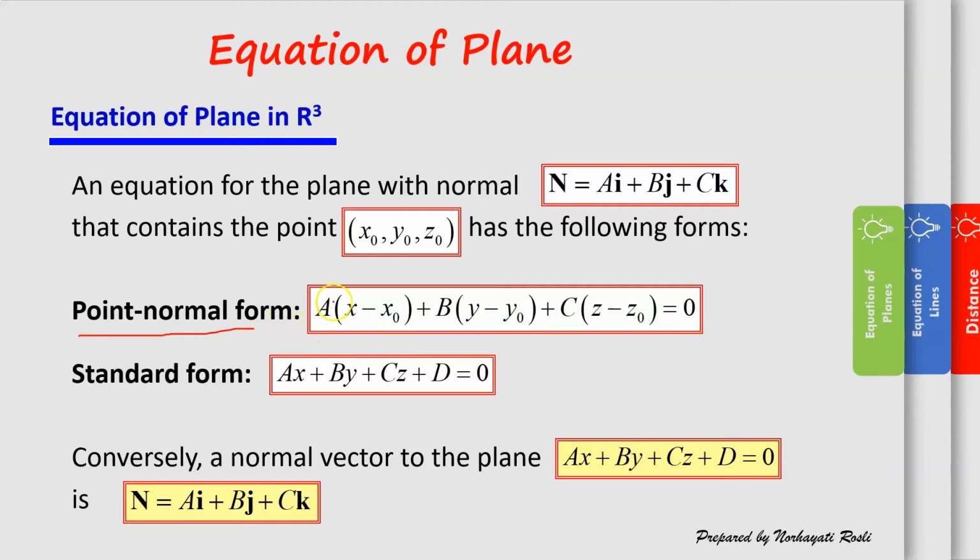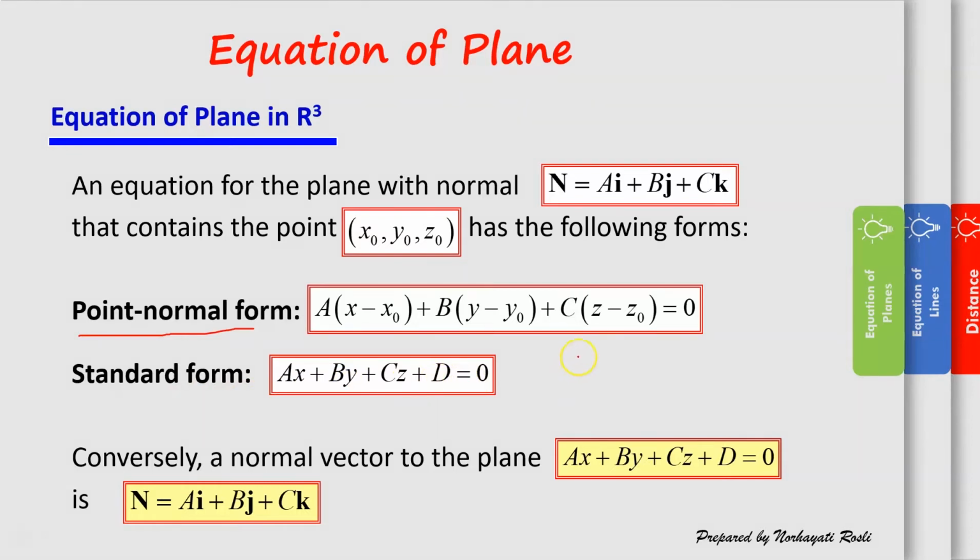This means that our a, b and c are obtained from this normal vector and our x0, y0, z0 are obtained from this point. And then we have a second form, which is the standard form, which can be written as ax plus by plus cz plus d equal to 0.